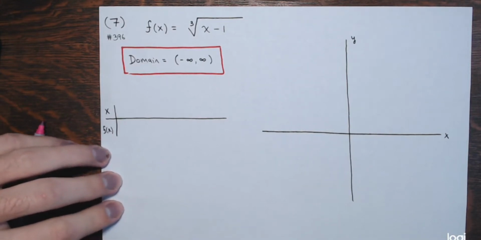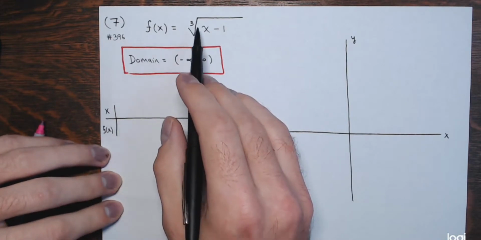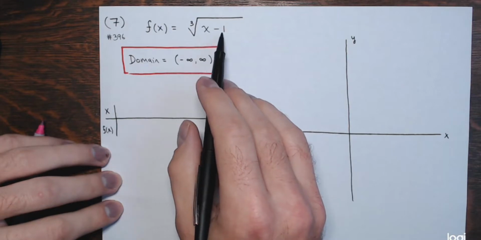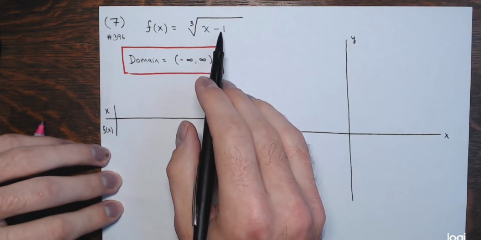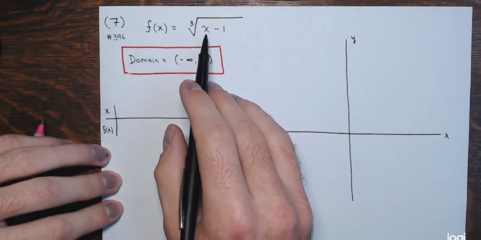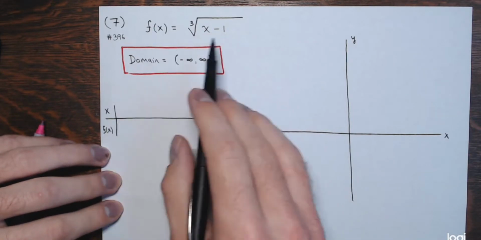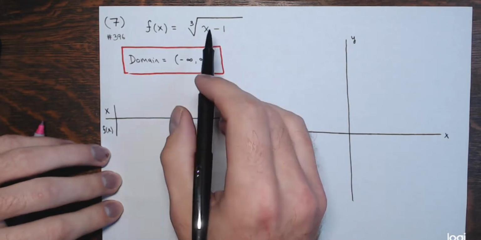We're trying to find, this is a cube root, so I want to plug in values of x that will give me a perfect cube in the radicand. Now remember, there are positive perfect cubes and there are also negative perfect cubes, so I'm going to go in both directions. So I'll start with 0.